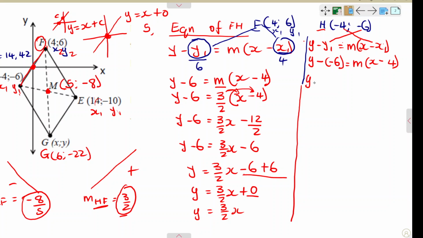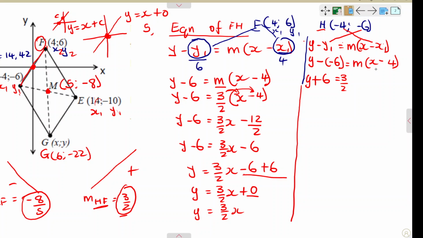So I'm going to say y minus y1. We took that y, which is negative 6, and substitute it here. So this is negative times a negative, that's giving me a positive 6 equals. What is the gradient of that line? We have already mentioned that the gradient is 3 over 2. So I'm going to put the gradient here, 3 over 2.